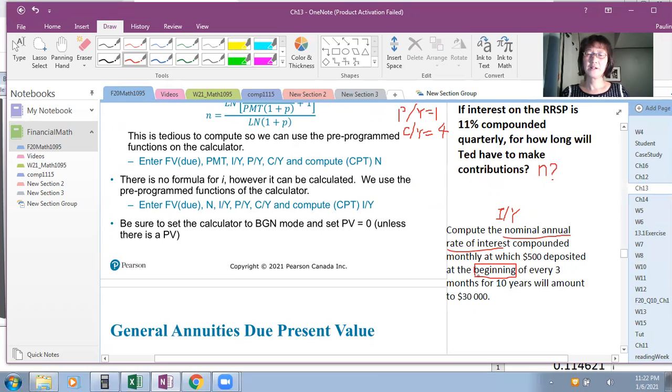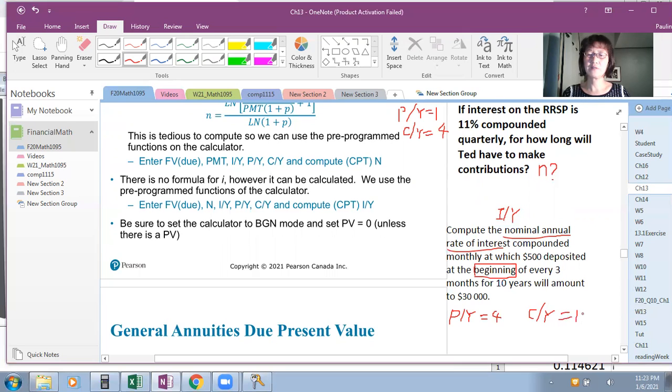And then every 3 months this person makes a deposit. So in 1 year, he makes 4 deposits. PY equals 4. PY represents the number of deposits per year, or number of payments per year. So we know PY. And interest compounded monthly means CY equals 12.